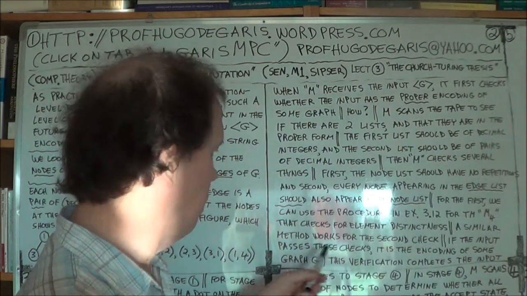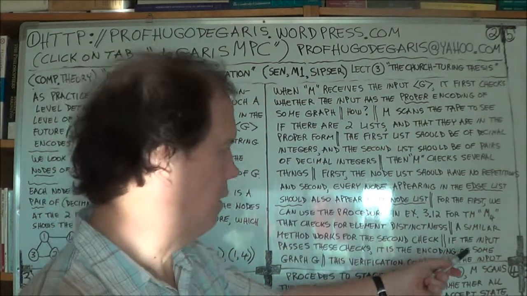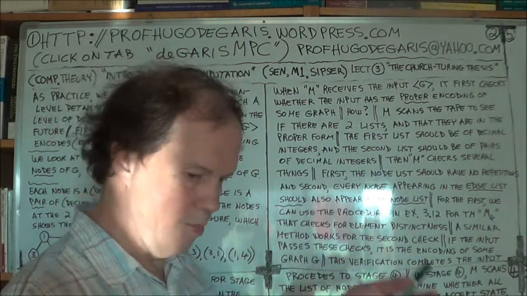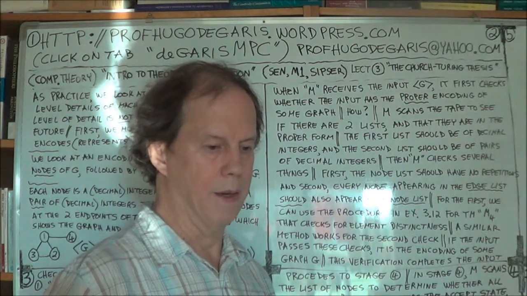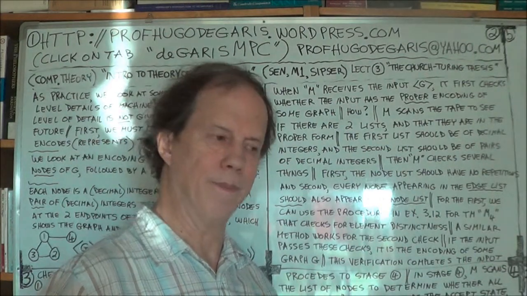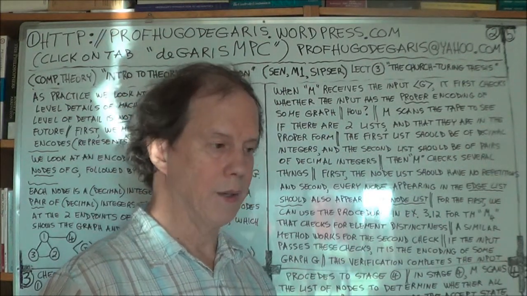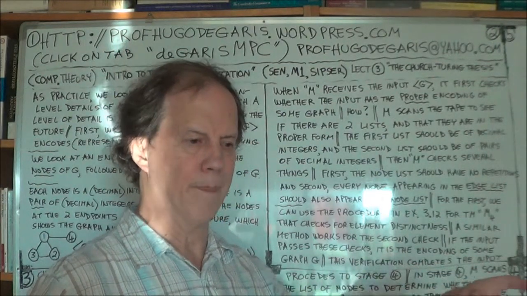Now, say we've got this far and everything's checking out. If the input string passes these checks, it means that this input string is an encoding, a representation of a graph. So in a sense, all these checkings are just preliminary.